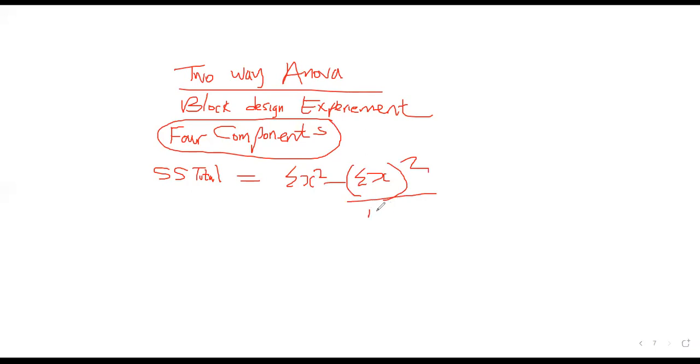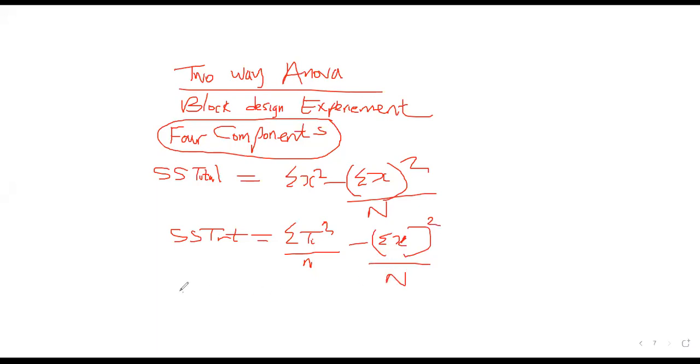over n. Sum of square of treatment is equal to summation of ti square over n, so this is just a square here, then minus summation of x square over n.